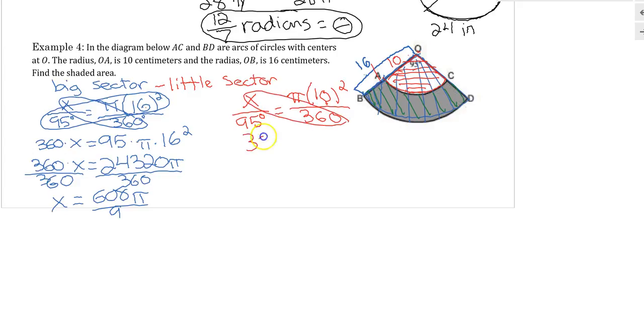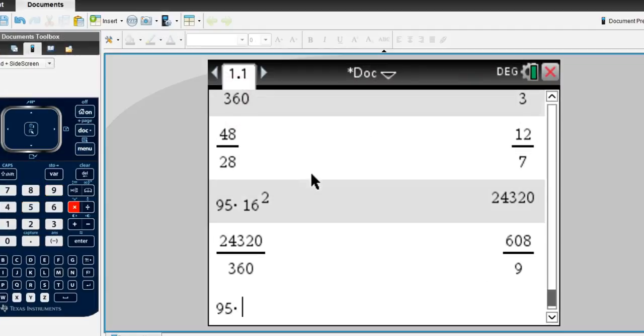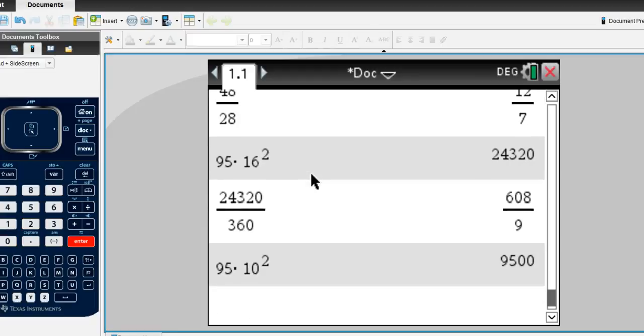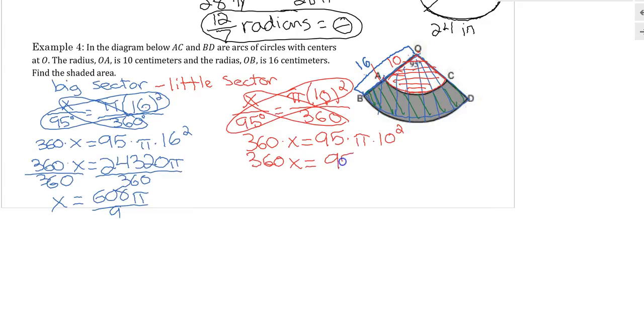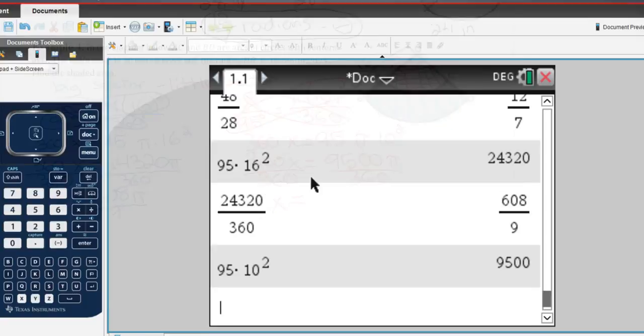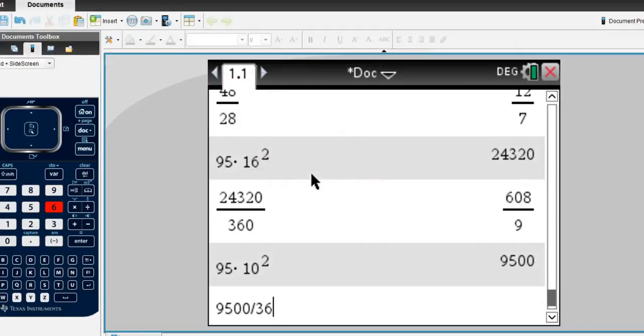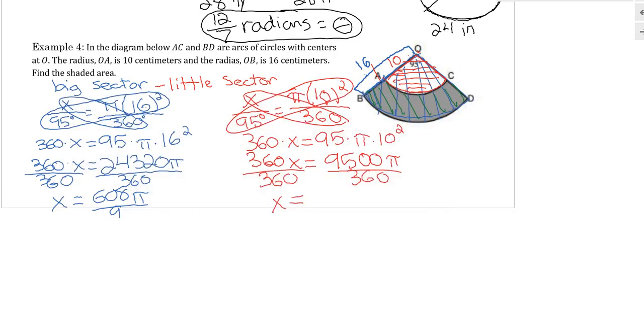Cross multiply: 360 times x equals 95 times pi times 10 squared. 360x equals 95 times 10 squared, 9,500. I'm going to divide both sides by 360. 9,500 divided by 360 is 475 over 18.